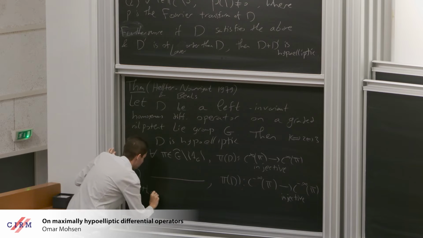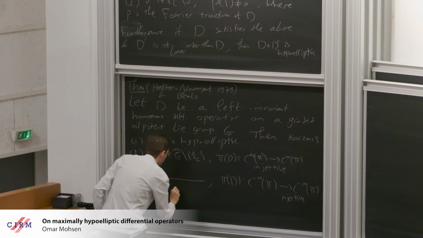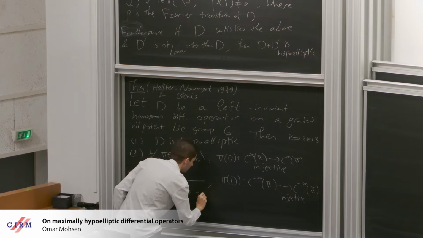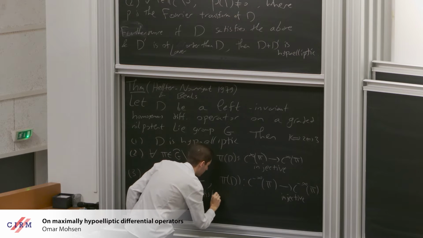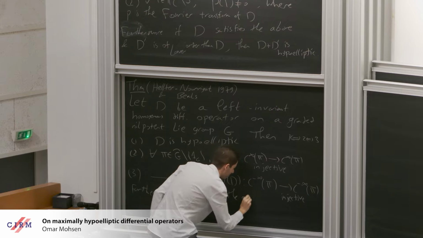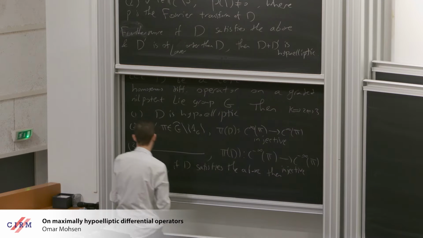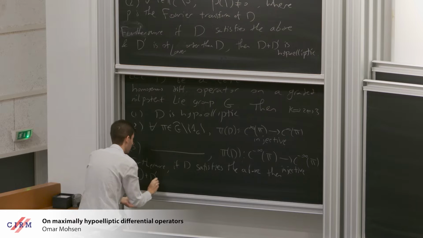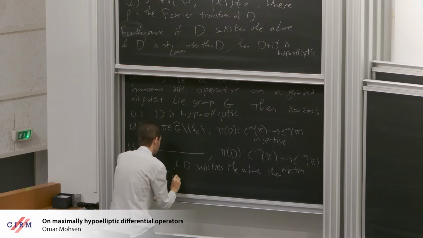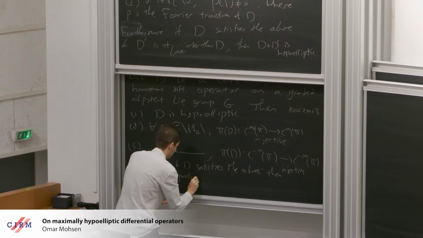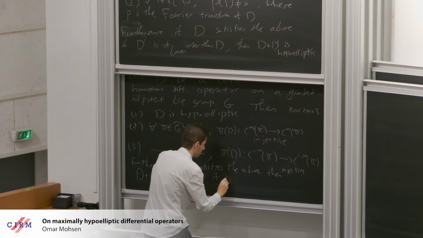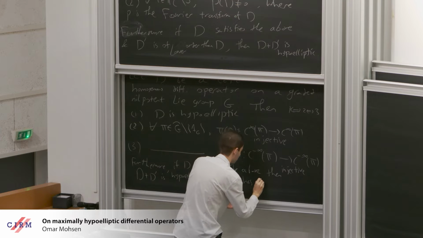Furthermore, if D satisfies the above, then D plus D prime is hypoelliptic if D prime has lower order.